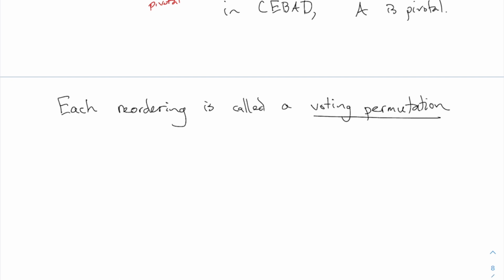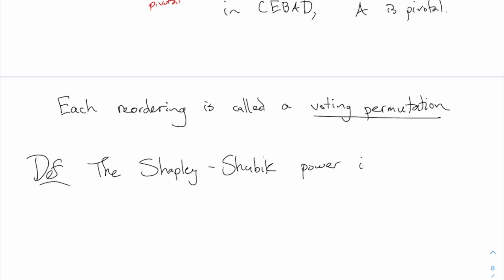All right, and here's the definition of how you find the Shapley-Shubik. The Shapley-Shubik power index of some voter is the, you can write this as a percentage. More often we're just going to write it as a fraction. It's easier to express as a fraction.